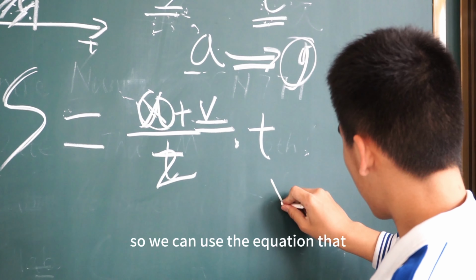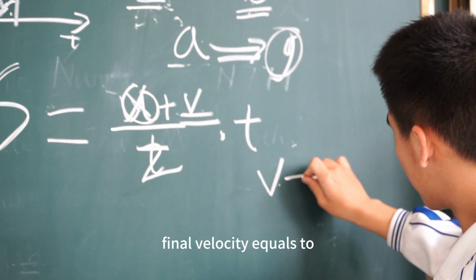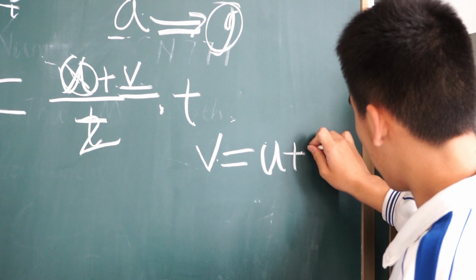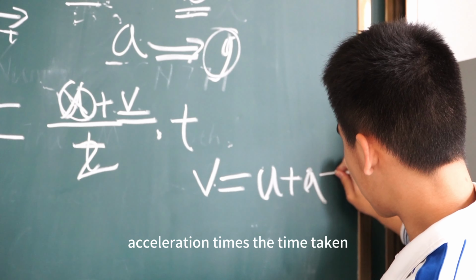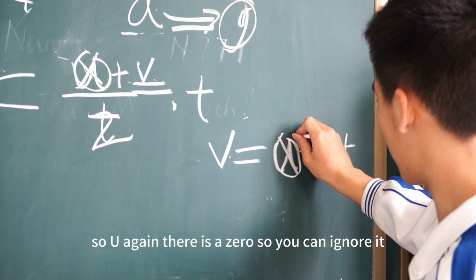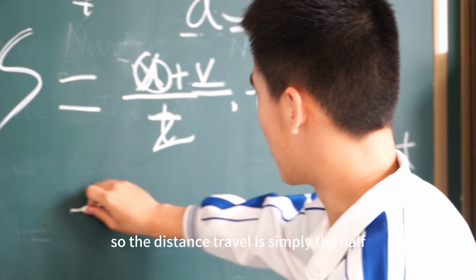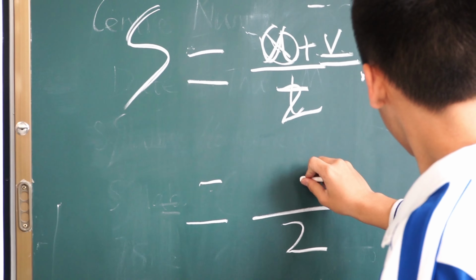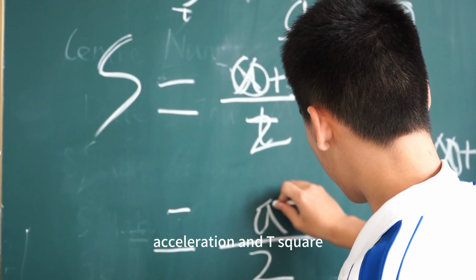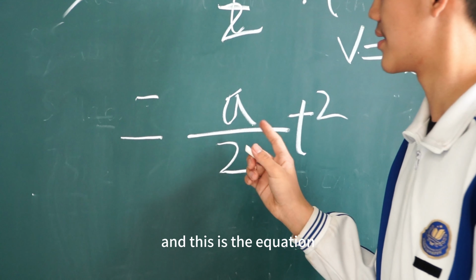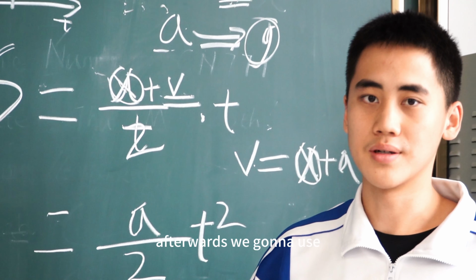We can use the equation that final velocity equals initial velocity plus acceleration times the time taken. Again u is 0, so you can ignore it. So the distance traveled is simply half a t squared, and this is the equation we're going to use afterwards.